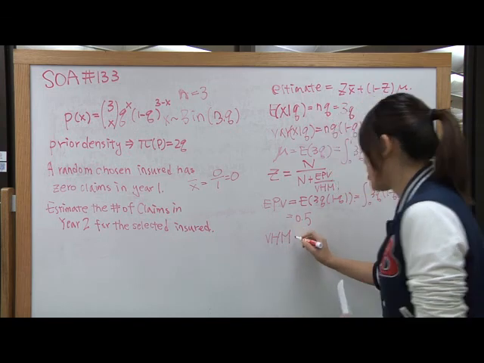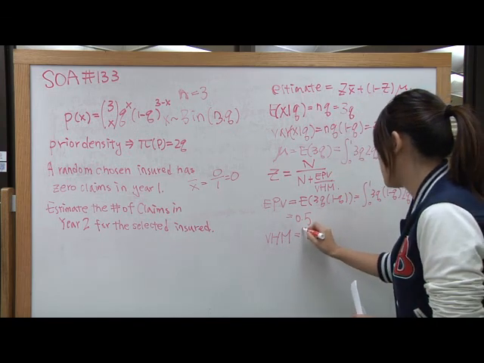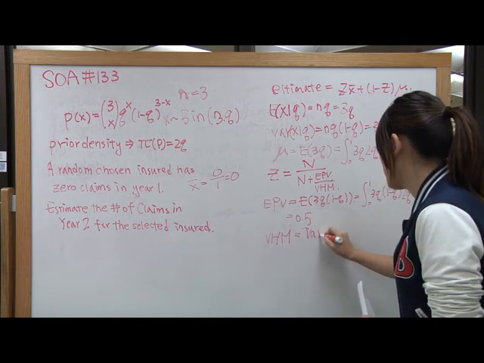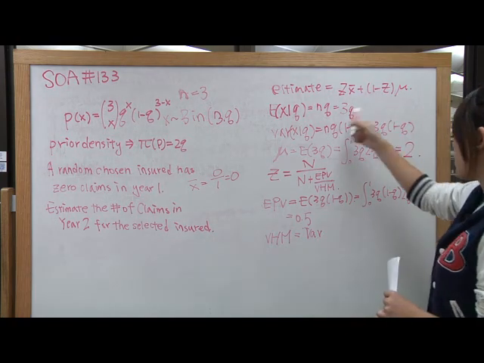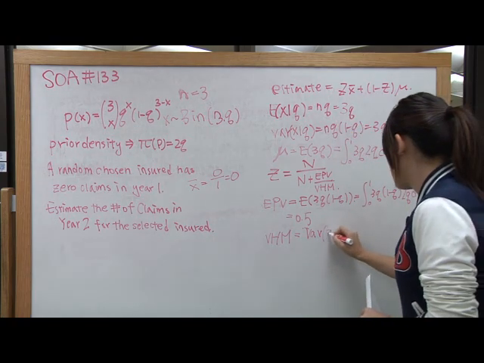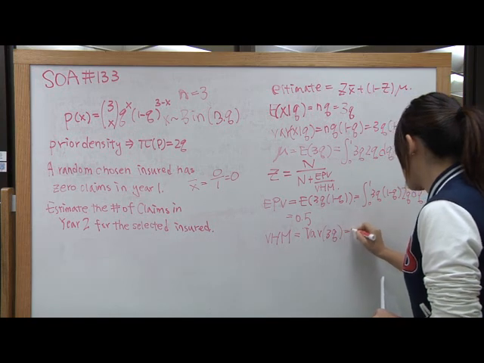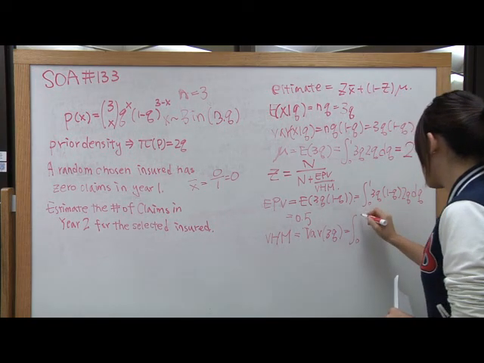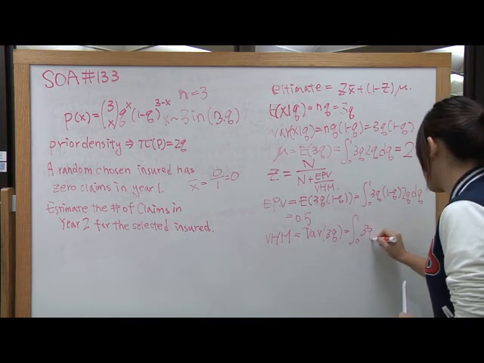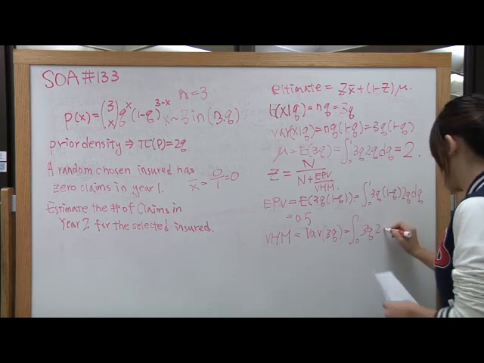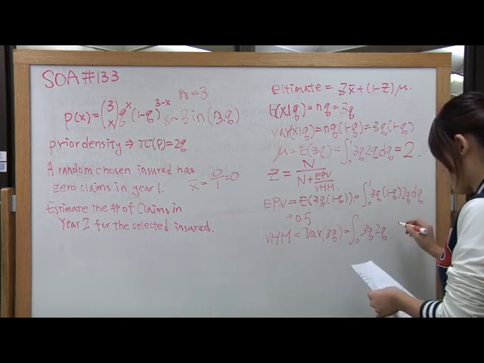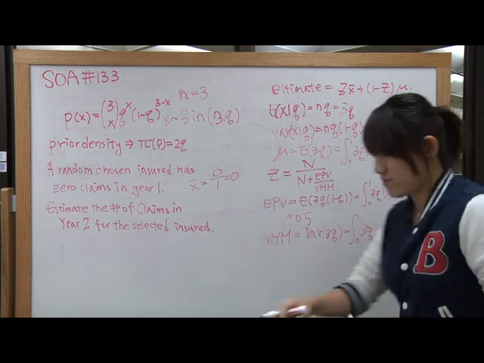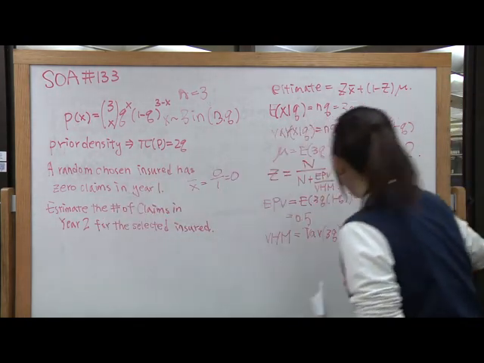Then we have to find VHM, which is the variance of our hypothetical mean, which is 3q. Scratch that.